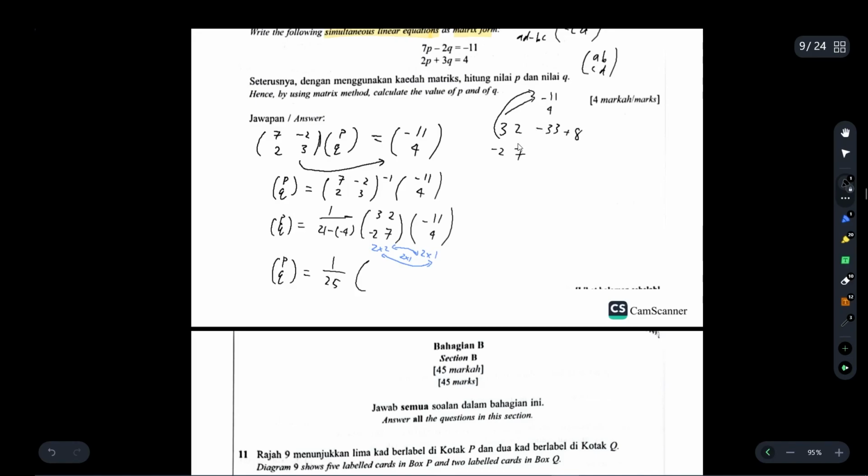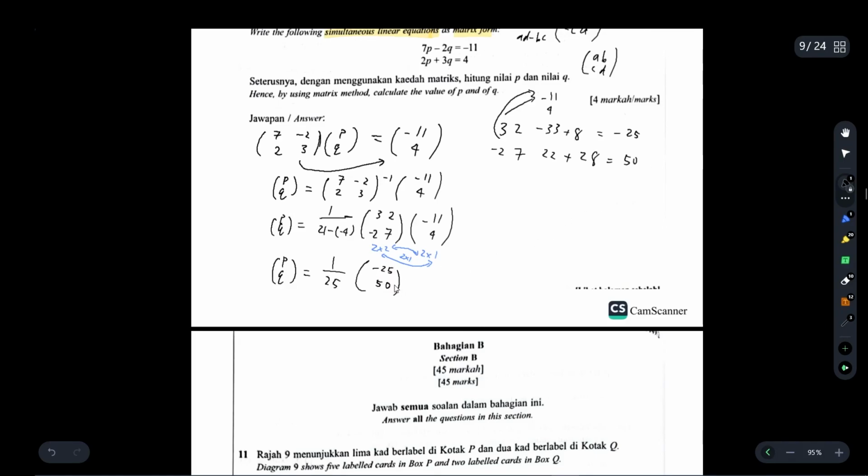So negative 2 times negative 11, negative times negative is positive, and we have 22 right here. Then 7 times 4 gives us 28. Negative 33 plus 8 gives us negative 25. And 22 plus 28 gives us 50, if I'm not wrong. Yeah, right.